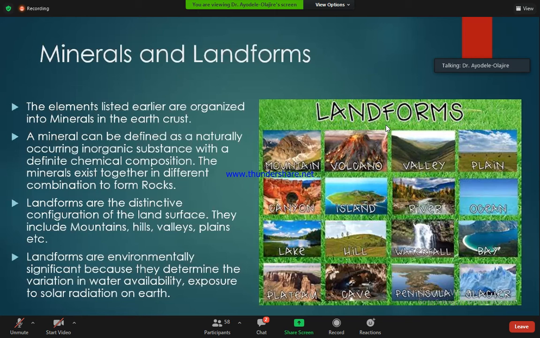We have canyons. Canyons are almost cave-like features. We have islands, rivers, oceans, lakes, hills, waterfalls. These pictures that you see are basically examples of different landforms that exist on the crust.